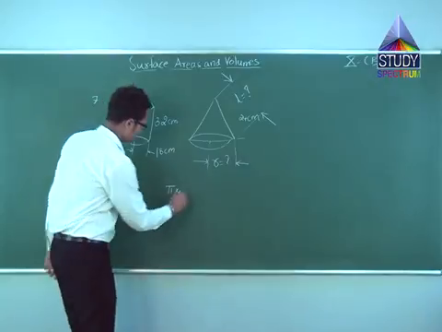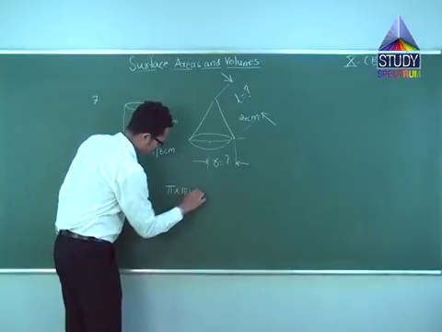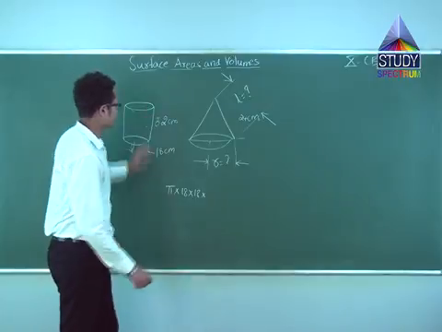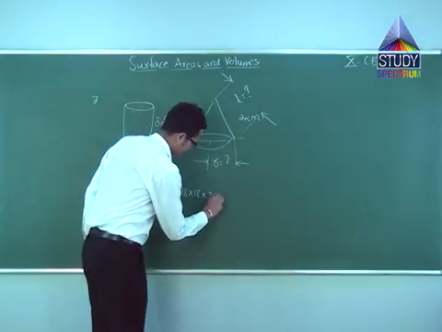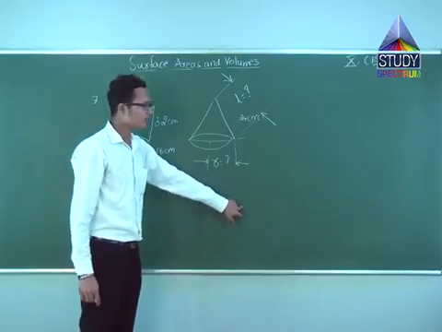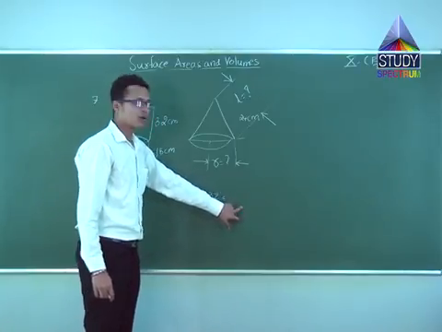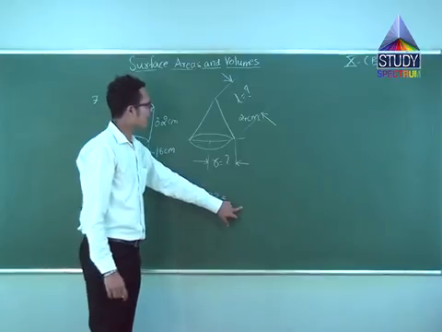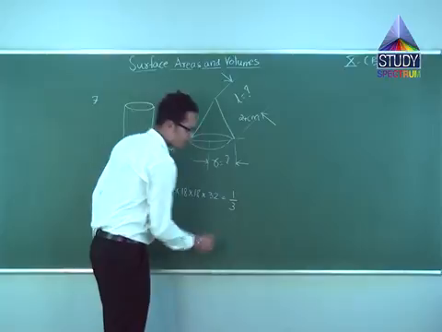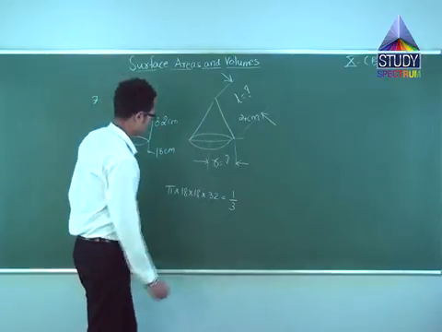R is 18, so write 18 into 18 into h is 32 centimeters, is equal to the volume of the cone, which is 1 by 3 pi r square h.